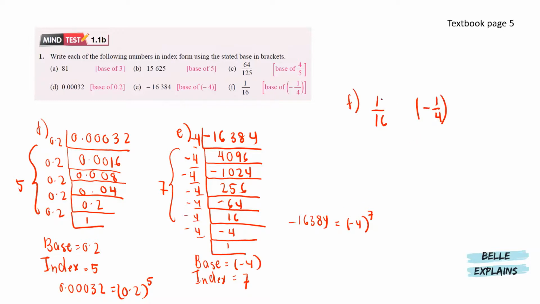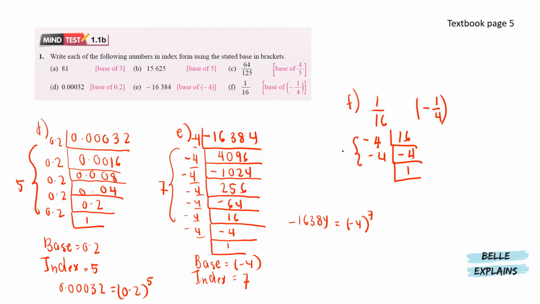And lastly for F, we have 1/16 with the base of -1/4. Since the numerator is the same, we'll take the denominator and do the repeated division. Here we have -4. Negative and positive will give us -4, and here it will give us 1.